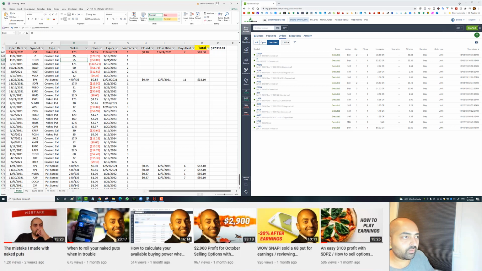I lowered the strike to 50 and I collected $2.63. So plus 2.63. So now I've got a net cost of 47.37 on Peloton, max selling price of 50. So if Peloton is above 50 by January 21st, I'll make the difference here of $2.70 about. Or I can roll it again and try to collect more credit, squeeze more premium out of it. Okay, so this is not bad.